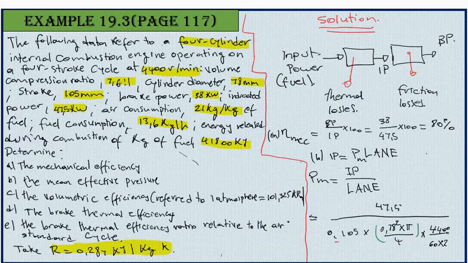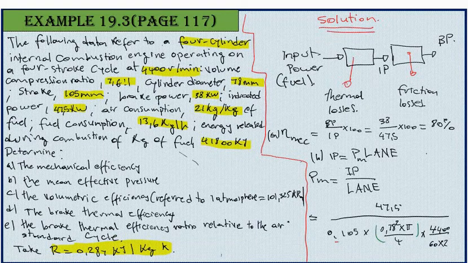So we divide by 60 because we need to convert the RPM, revolutions per minute, into revolutions per second, because this formula only works with revolutions per second, not revolutions per minute. And then we need to divide by 2 because it is a 4-stroke engine.